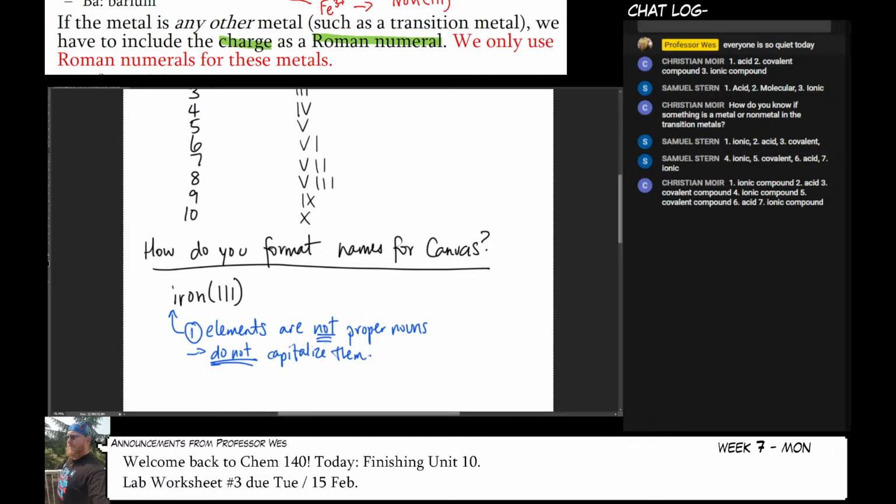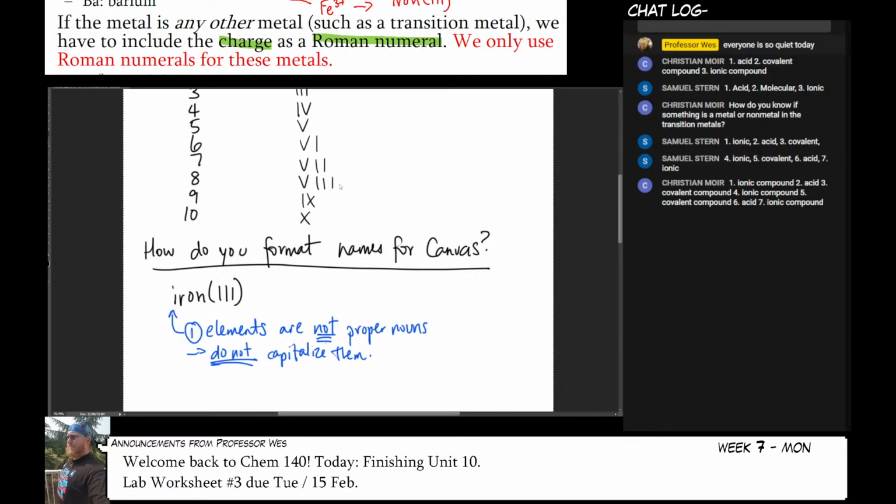Never, ever, ever capitalize element names in Canvas. If you are writing a sentence and the first word of your sentence is an element, then you do capitalize it. So you might say, "Iron is a common metal found in the earth." In that case, you would capitalize iron. But if you wrote, "The bars of metal are made of iron," you would not capitalize the iron, because elements are not proper nouns.